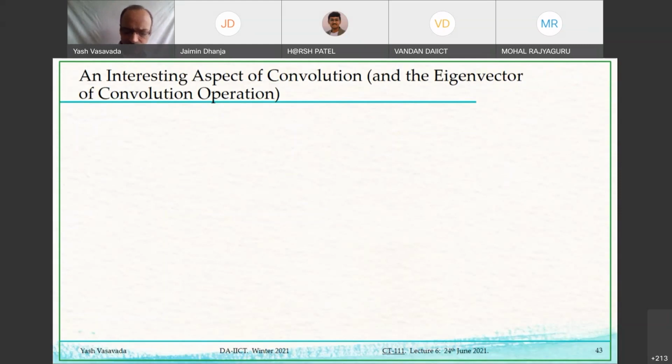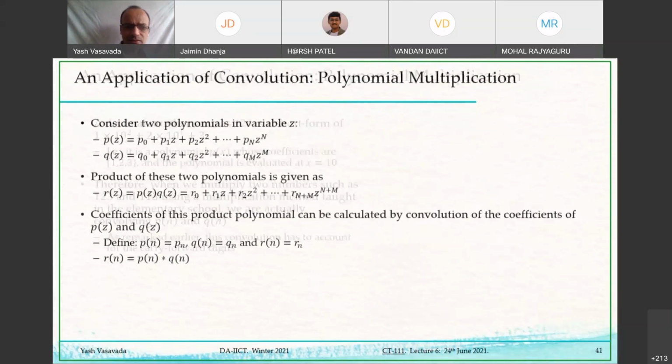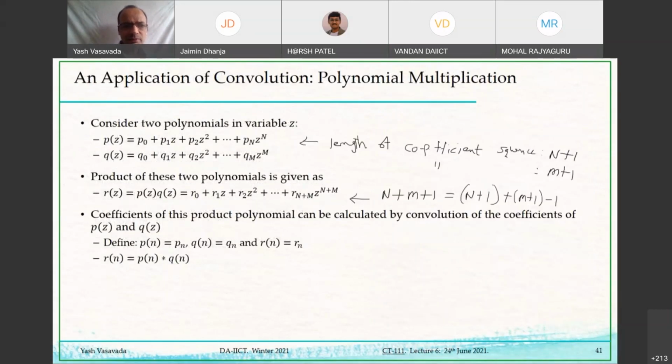So before I begin, what I want to mention to you is that typically, you know, when I multiply this P of Z with Q of Z, these coefficients R of Z that I get, R0, R1, R2 up to R of n plus m, they do not look either like the coefficients of P or coefficients of Q. Am I right?